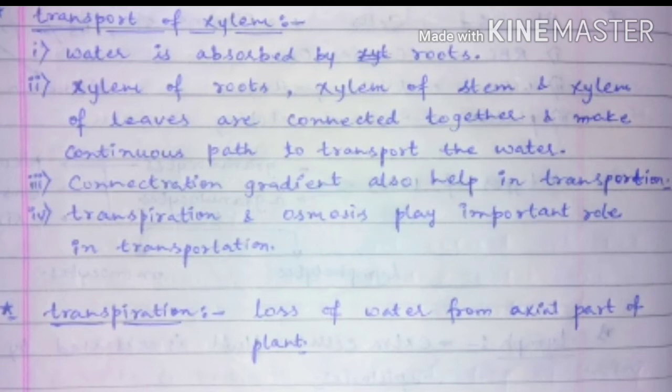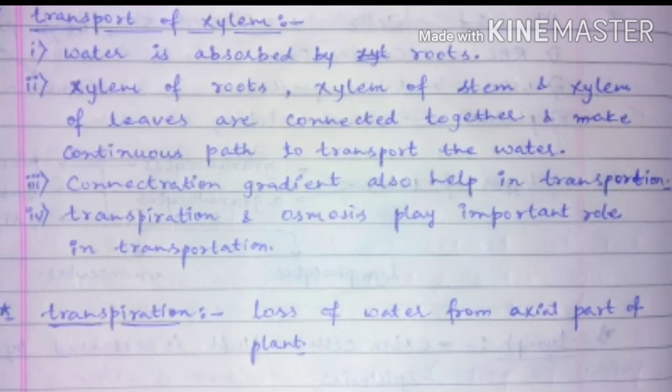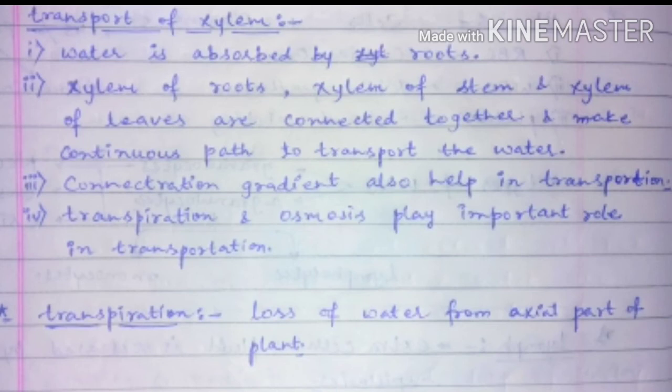What is transpiration, student? This is the loss of water from the aerial part of the plant. So if the water is lost from the upper part of the plant, from the leaves, it will be easy to take water from the downward side, from the root to the upward side.